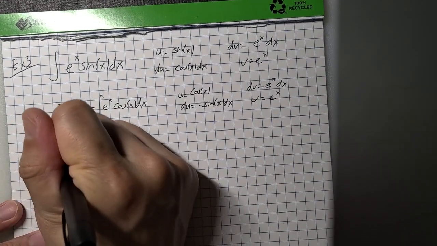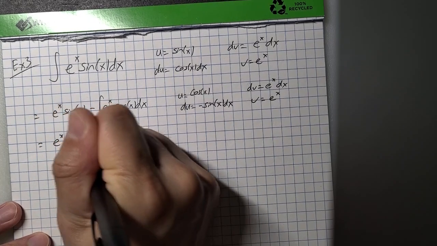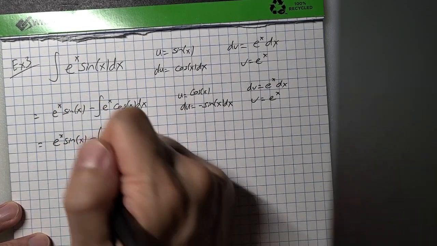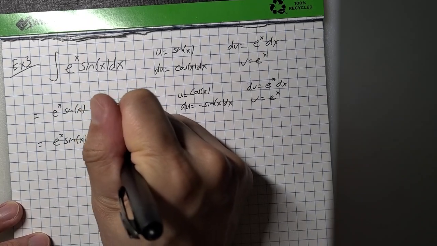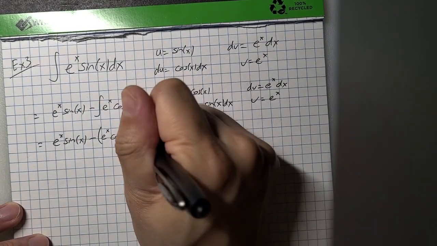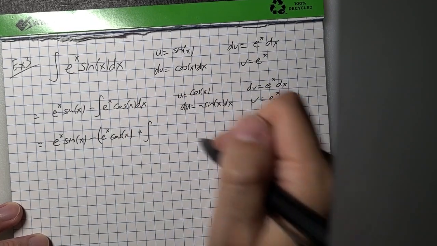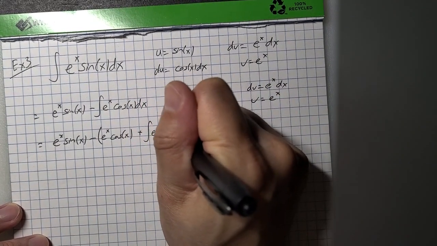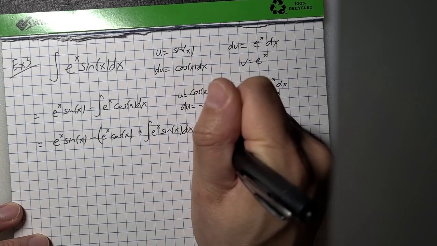So we get e to the x sine of x minus parentheses uv minus integral of v du, once again e to the x cosine x, okay? And then plus the integral of e to the x sine of x dx, okay?